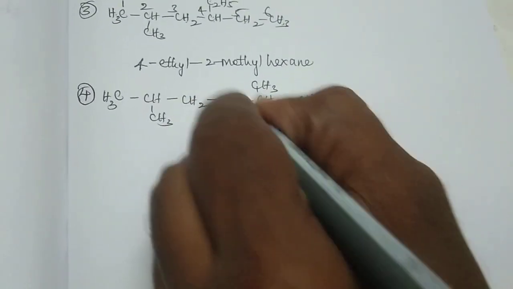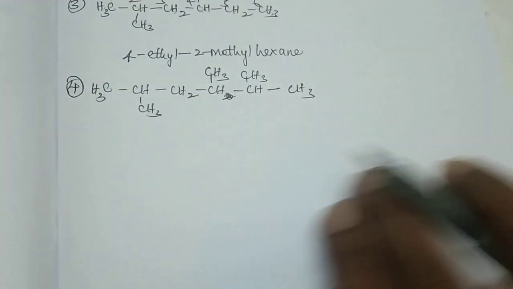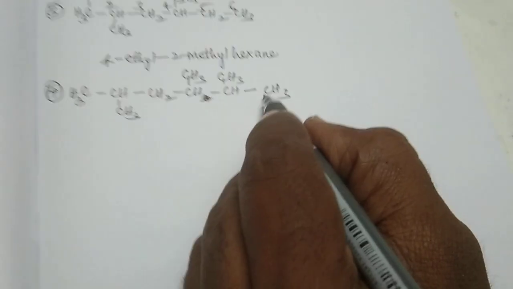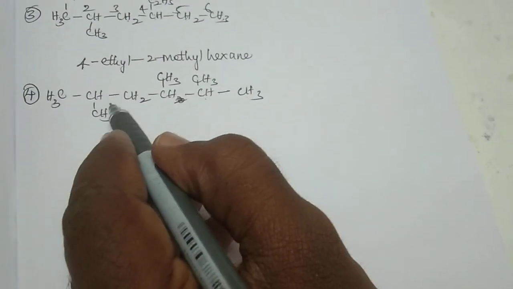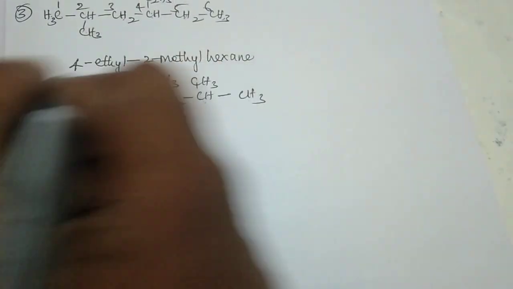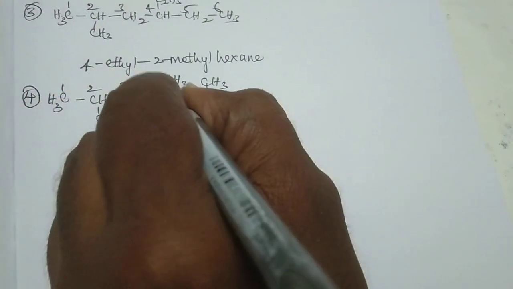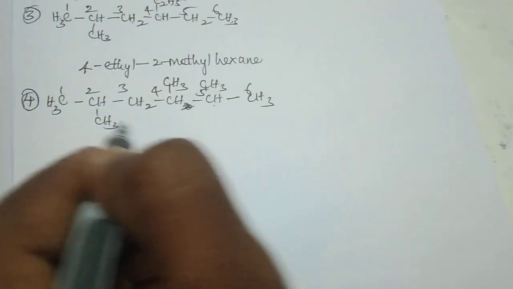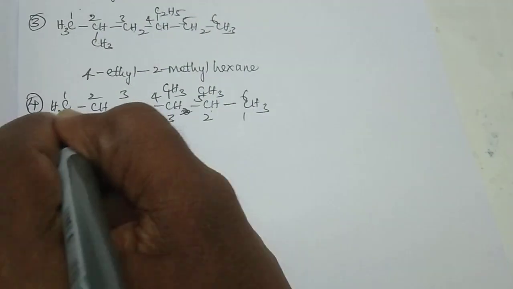So here also one substitution is there. Now you have to see from which side you have to give the name, because from this side the second carbon has a substitution, and from this side also the second carbon has a substitution. So on both sides you have to give the numbering 1, 2, 3, 4, 5, 6, and 1, 2, 3, 4, 5, 6.